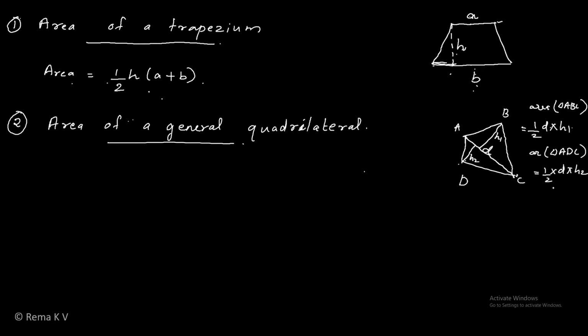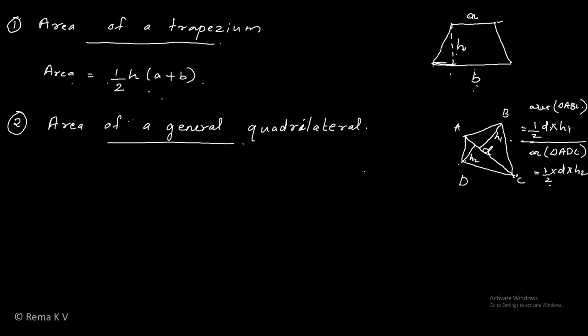Is this clear? Okay, see now, the first triangle's area is half D into H1 and the second triangle's area is half D into H2.